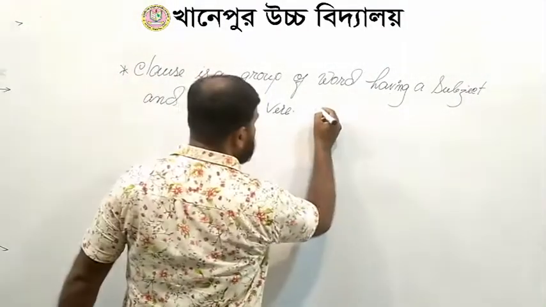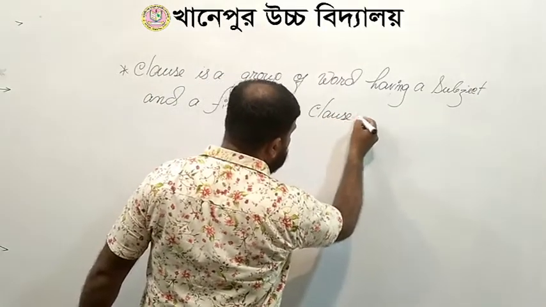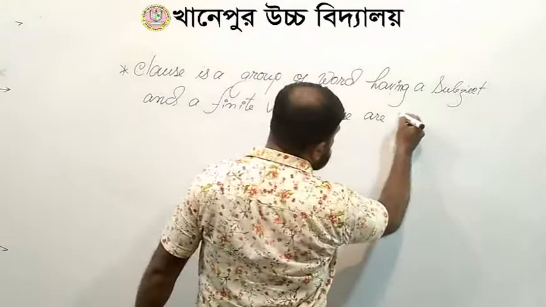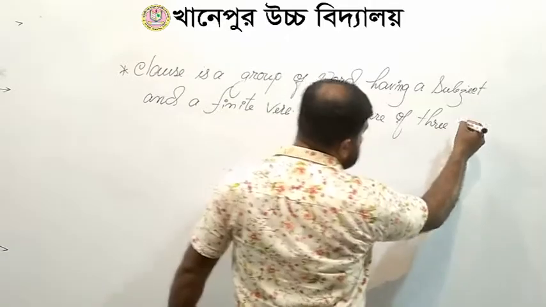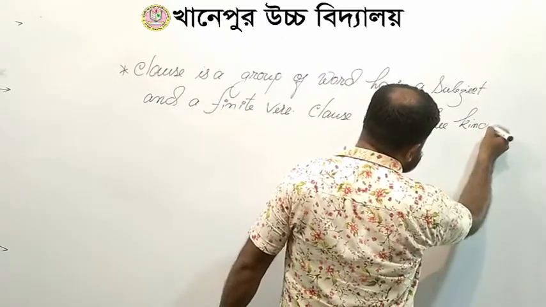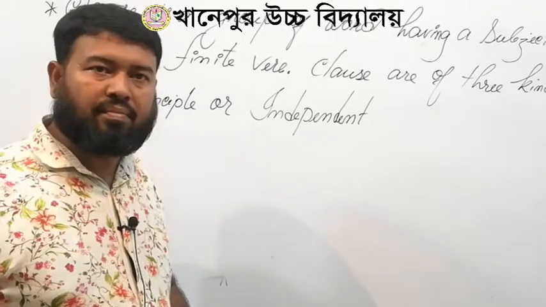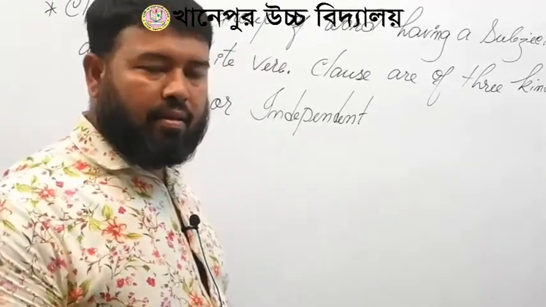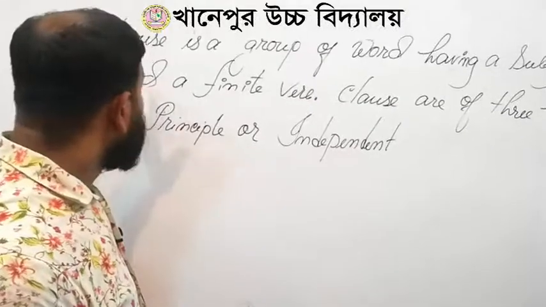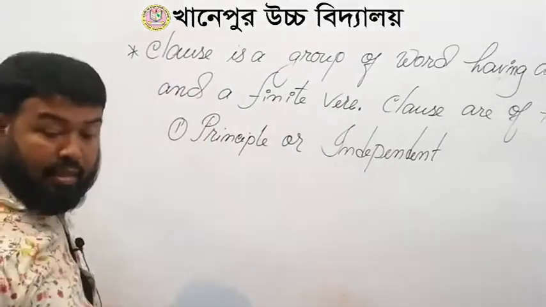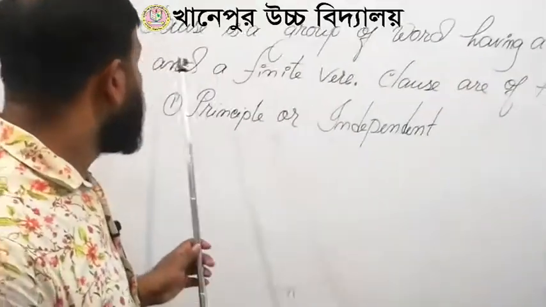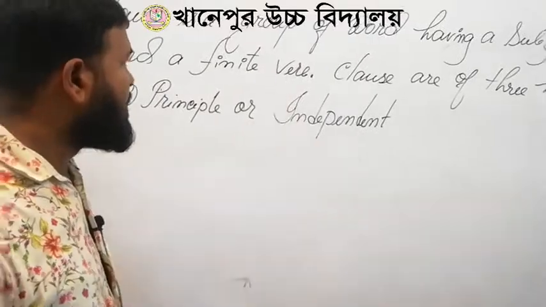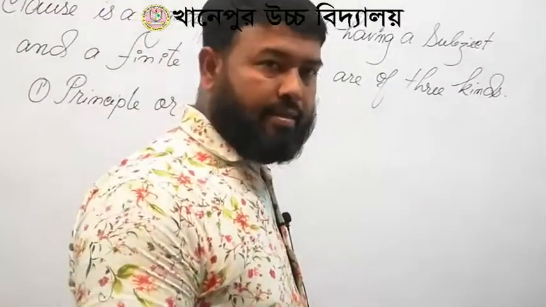Clauses are of three kinds. My dear student, then what can we understand? A clause is a group of words having a subject and a finite verb. Clauses are of three kinds.